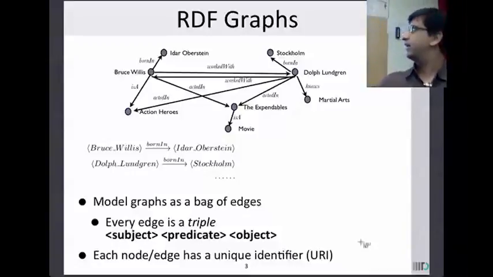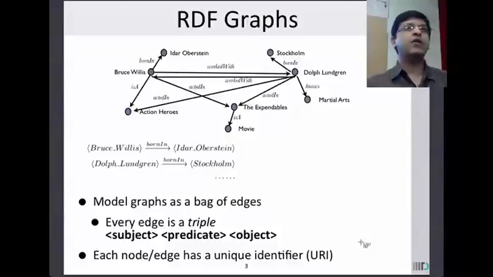So given such a graph that you have constructed from known facts, right? You can actually look at the graph as simply a bag of edges. So you can allow for multiple edges between nodes, right? With the same label also, it's perfectly okay. RDF does not prevent it. And every edge is represented as a triple, which essentially says what is the source of the edge, what is the target of the edge, and what is the label on the edge.